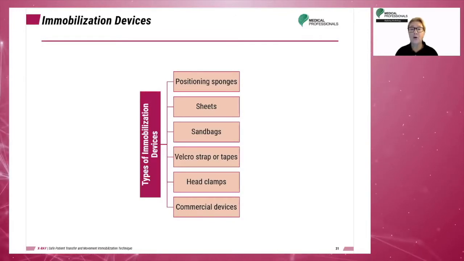Sandbags are radio-opaque supports. There are also commercial devices. The ideal patient immobilization device should be radiolucent, flexible, durable, easy to duplicate, safe and reliable, and should not produce image artifacts.